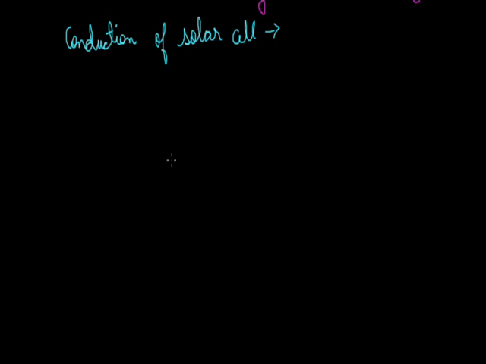This potential difference may range from 0.4 to 0.5 volts, which can generate a current of approximately 60 milliampere.